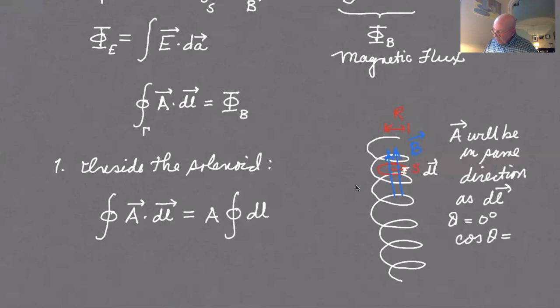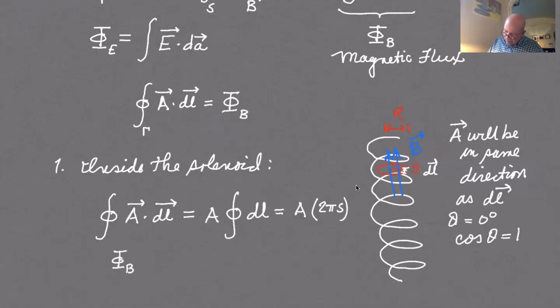Cosine of theta is equal to 1. A is constant along this red circular path, so this is just A times the circumference, which is 2 pi S.